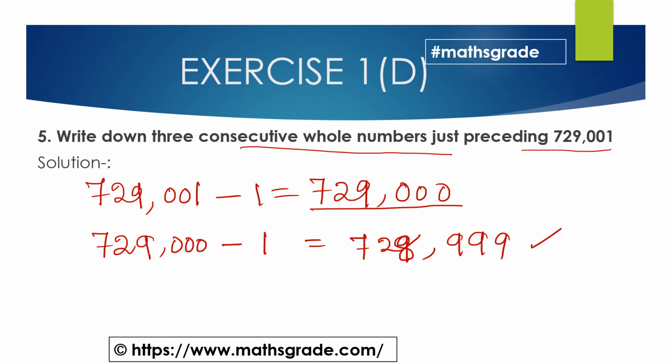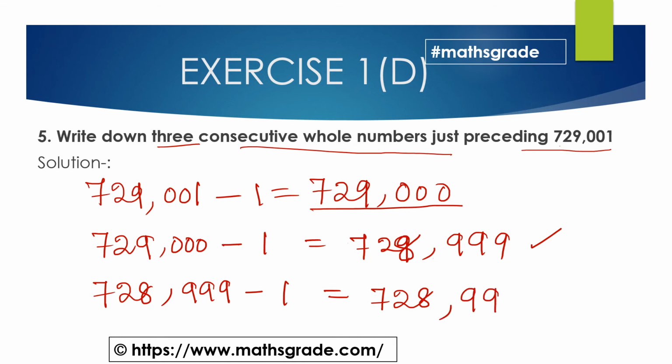Then we have to find the 3 consecutive numbers, so we have to find the previous number of this number by subtracting 1 from this: 728,999 minus 1 will be 728,998.